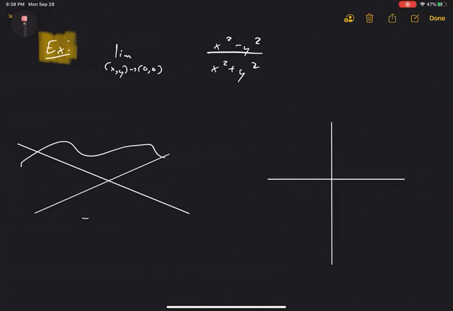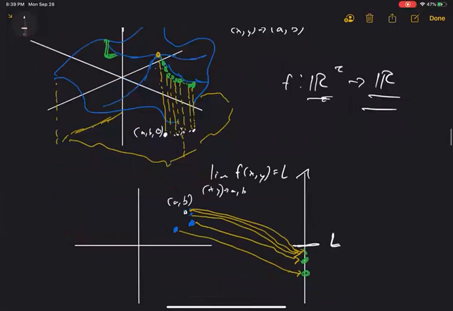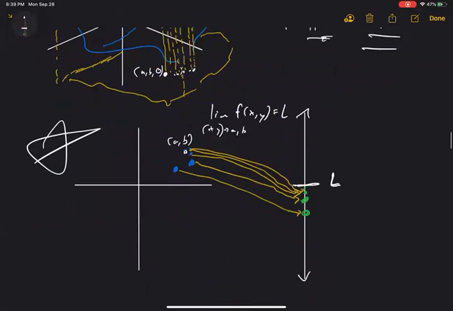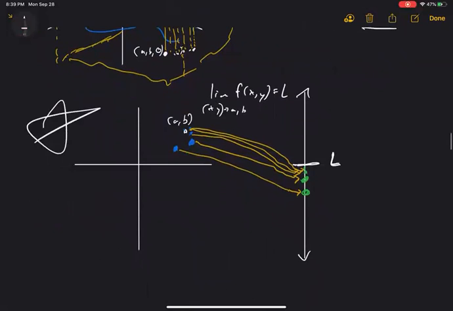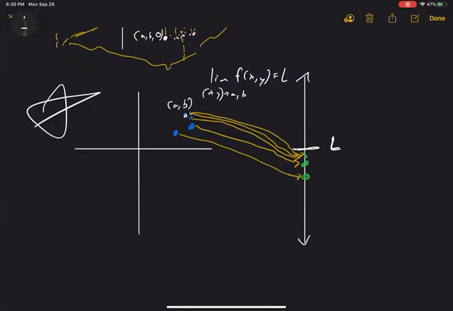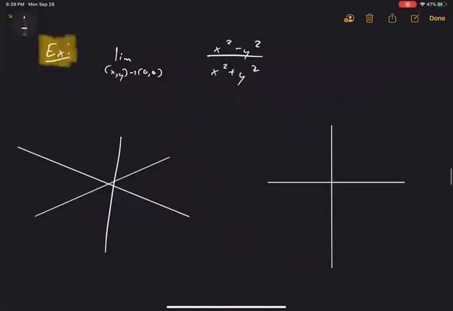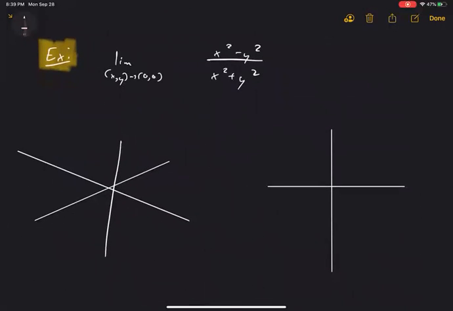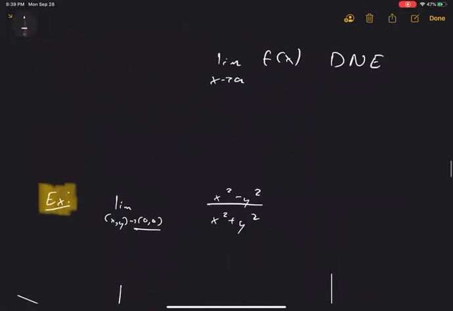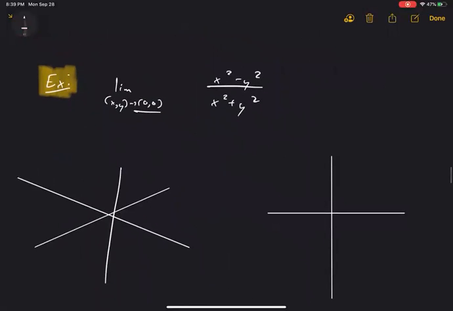But instead of considering that three-dimensional picture, let's consider this two-dimensional thing where we're looking at the domain and the inputs and the outputs separately. So we're considering this function here, and we're looking at the limit as the xy values approach the origin, 0, 0. The point is that there are a lot of ways we can approach 0, 0.